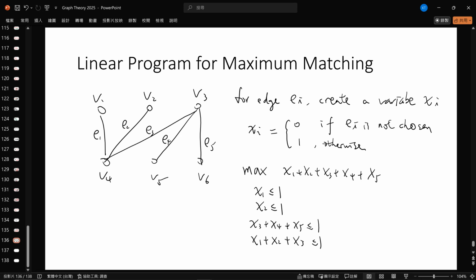So this one is for V5. And the last one is for V6. Because V6 only has 1 incident edge, the constraint is x5 is at most 1.